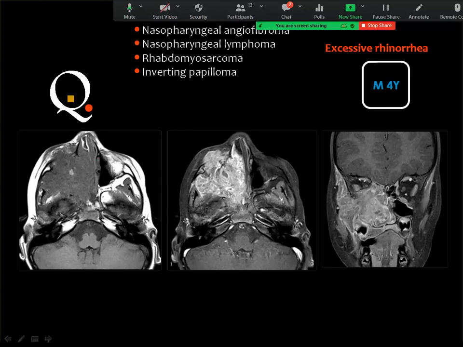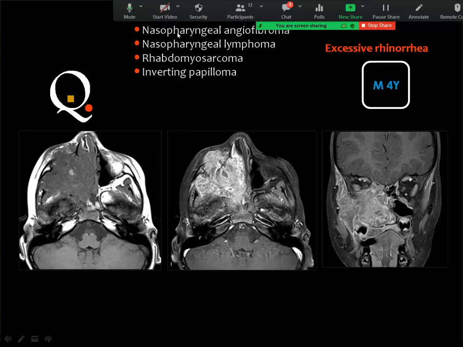The next case is a male child, 4 years old, with excessive rhinorrhea, and you can see in the MRI T1 a big mass in the nose as well as in the infratemporal fossa. The mass is heterogeneously enhanced, and you can see the full extent of the lesion inside the nose, inside the orbit, as well as in the infratemporal fossa.